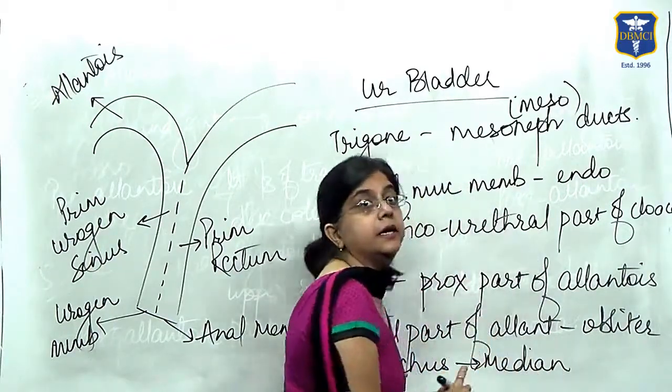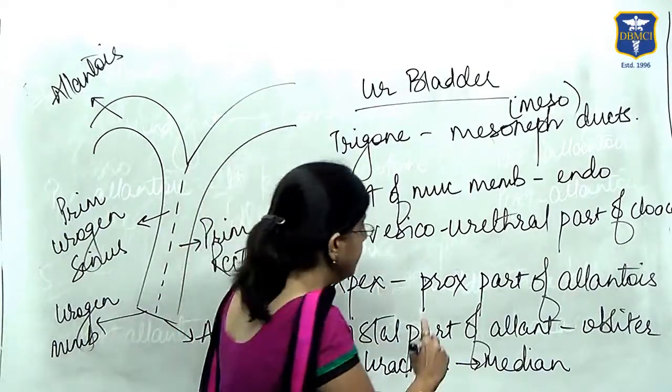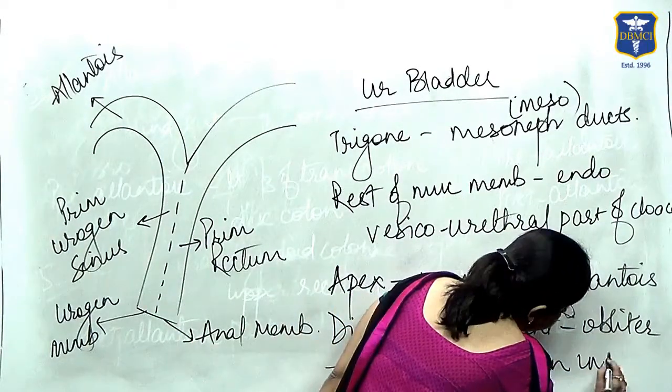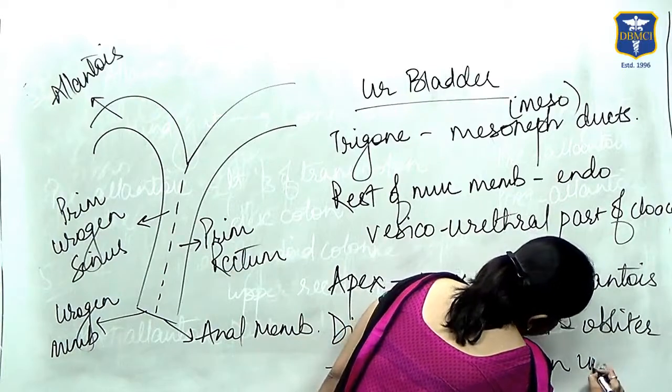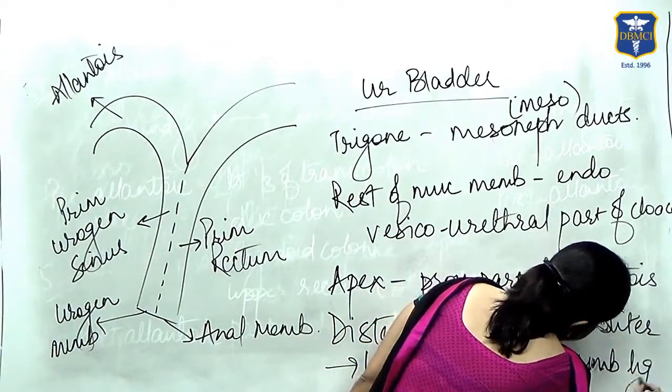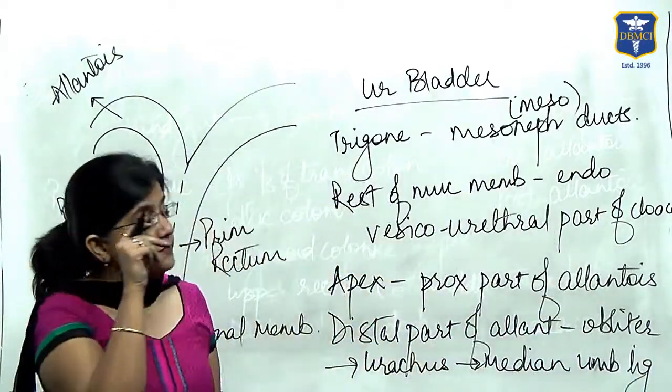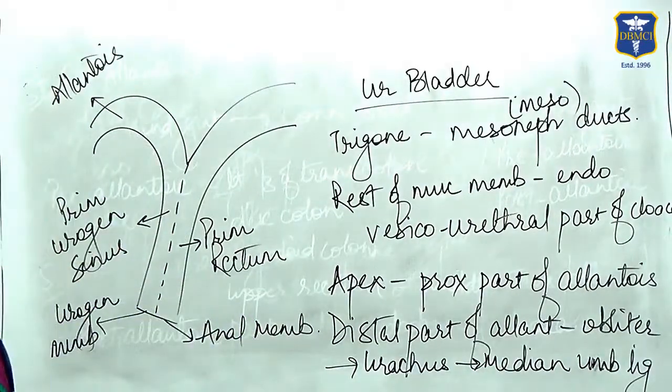It is median and not medial. Median umbilical ligament. This urachus forms the median umbilical ligament.